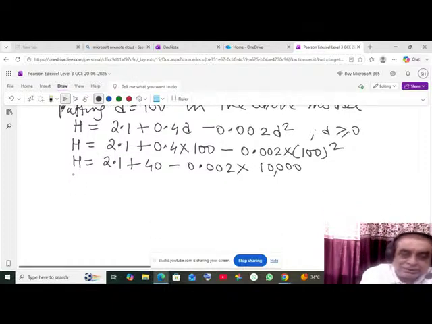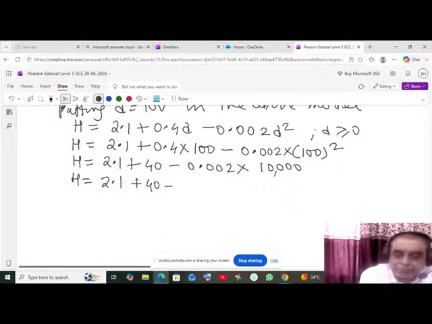So h is equal to 2.1 plus 40 minus 20, since shifting the decimal point 4 places to the right gives 20. From 40 you subtract 20, you get 20. So the maximum height reached is 22.1 meters.